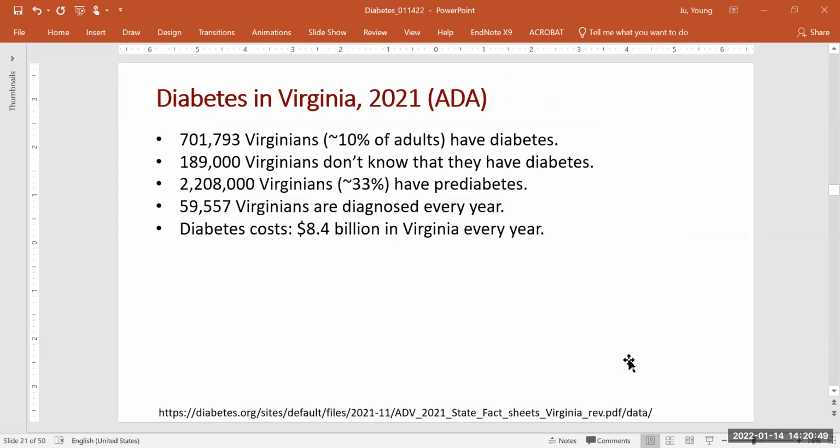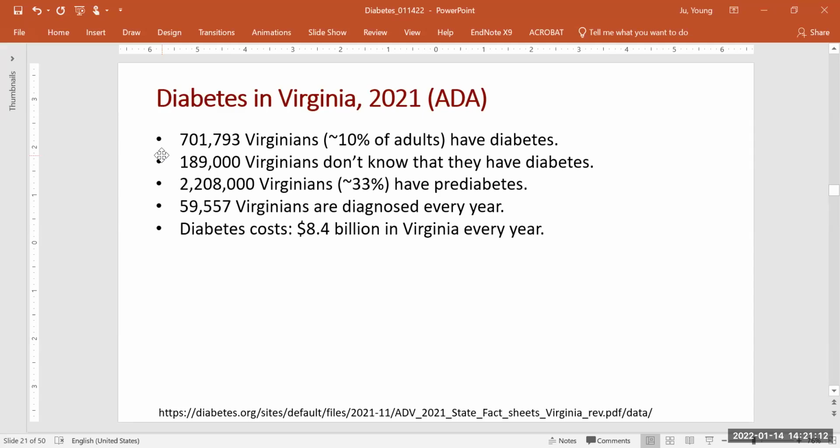For Virginia, approximately 700,793 people, or about 10% of the adult population in Virginia, have diagnosed diabetes. An additional 189,000 people have diabetes but don't know it.